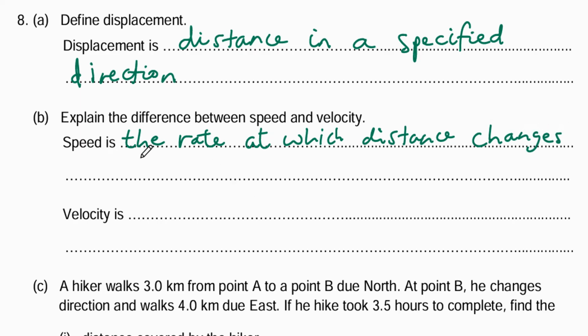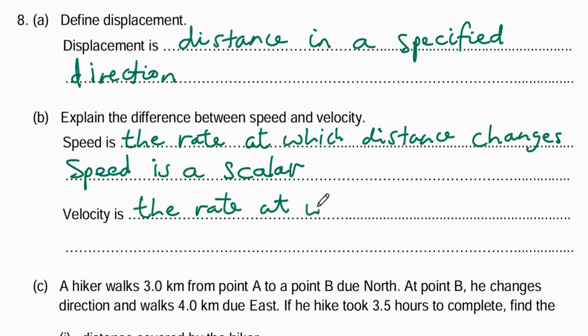So if you were asked for the definition of speed in the exam, you can just write that speed is distance over time. Then speed is a scalar. Then velocity is the rate at which displacement changes.